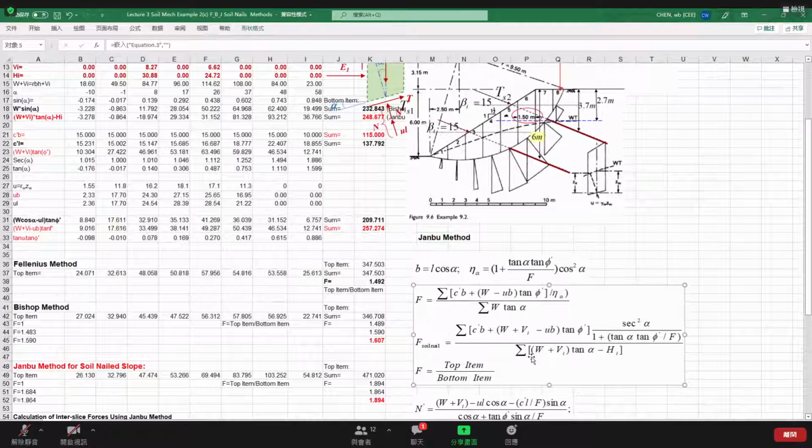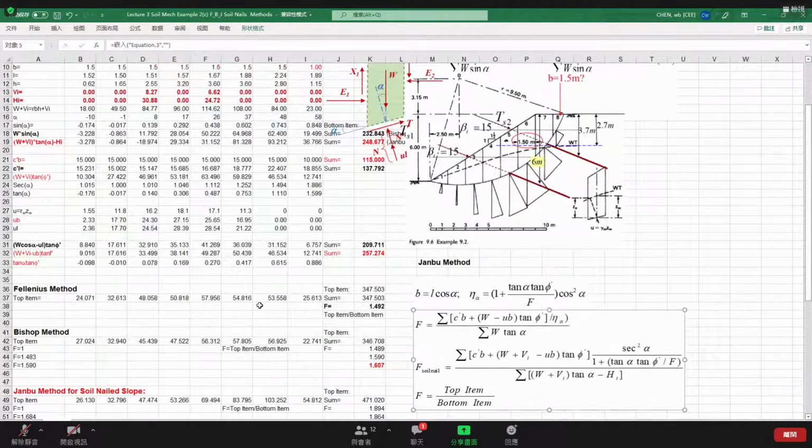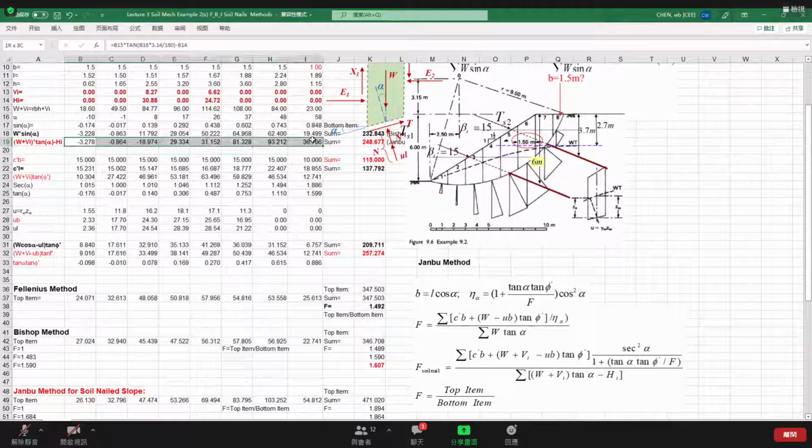If we use Jambu's method, we already discussed how to get this equation, so we need some new parameters to calculate this one, to determine the bottom item. You see the bottom item here, we should have VI and HI and do the summation, right?